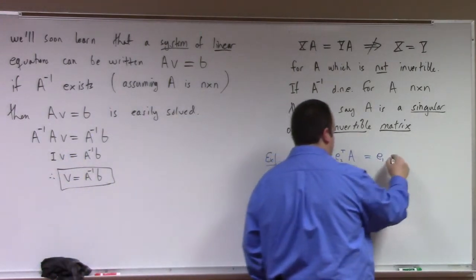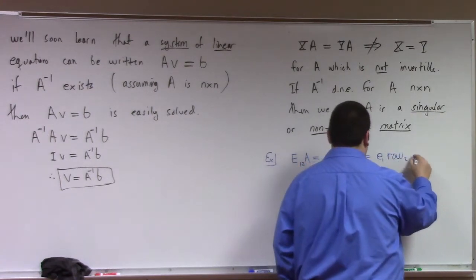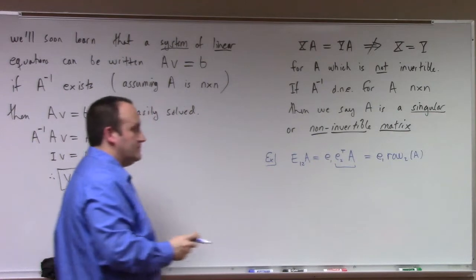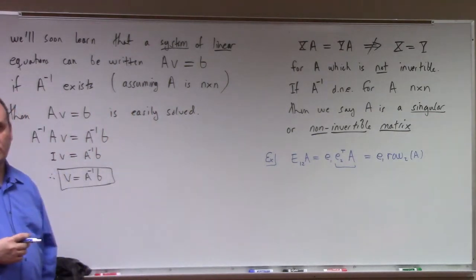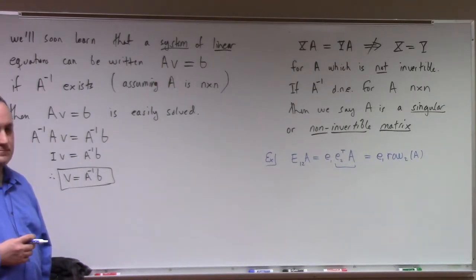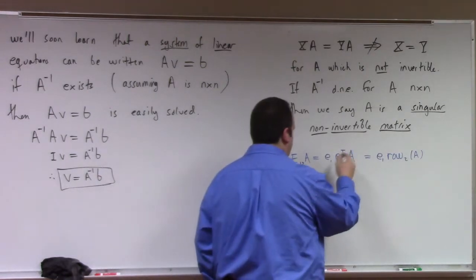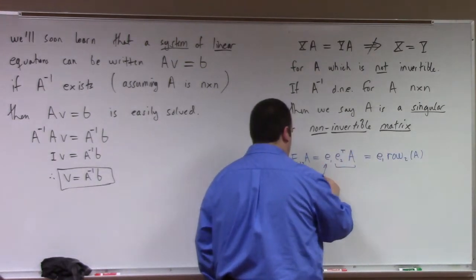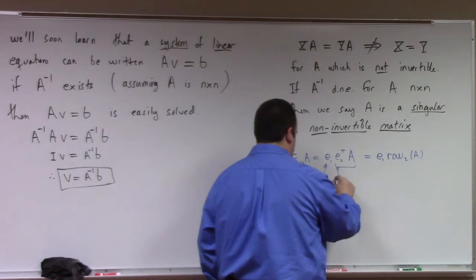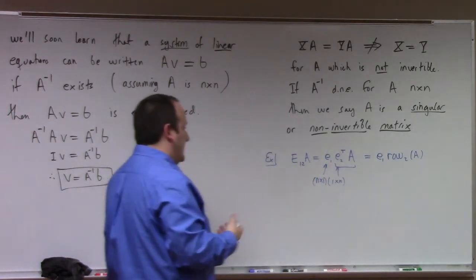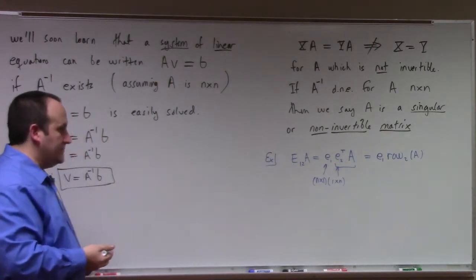Remember, this is exactly row 2 of A. You guys look uncertain. This is n by 1. This is 1 by n. I think that makes sense. I'm supposing A is square. Let's suppose A is n by n.